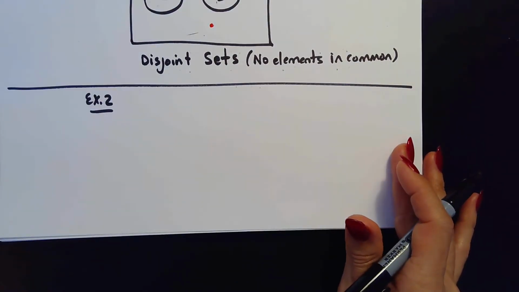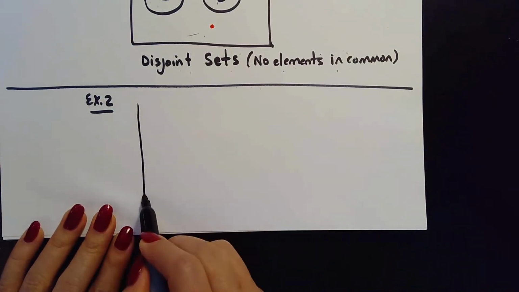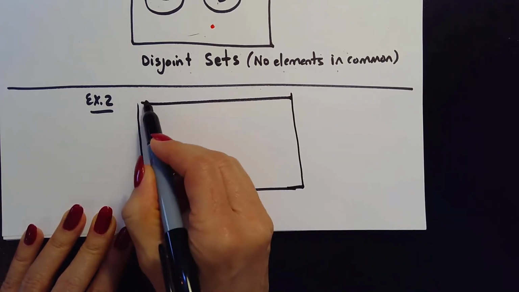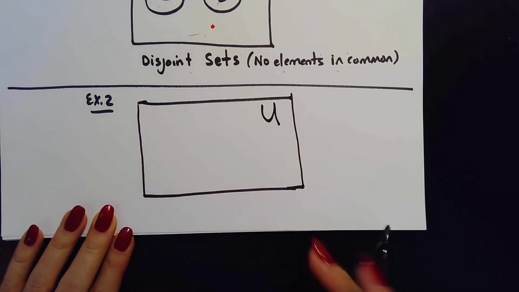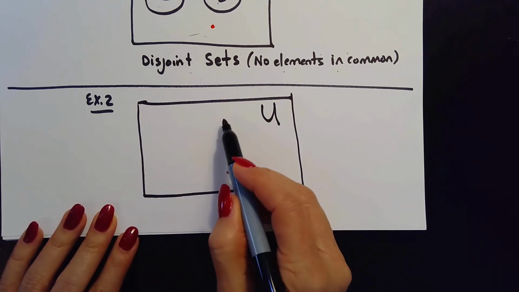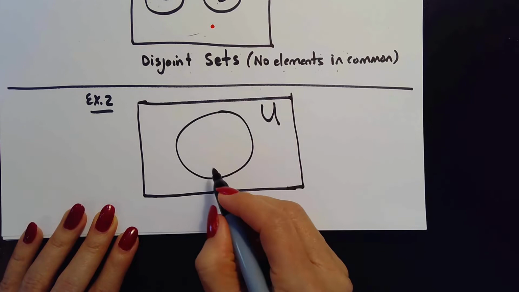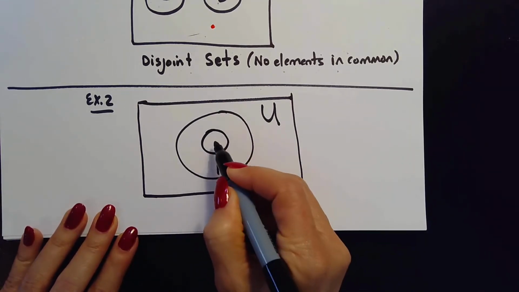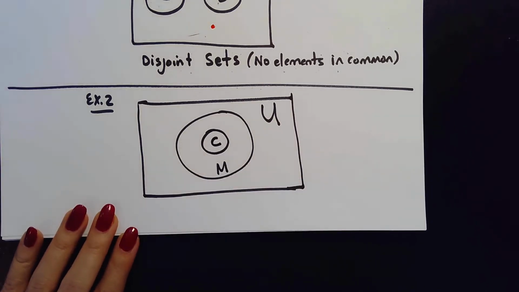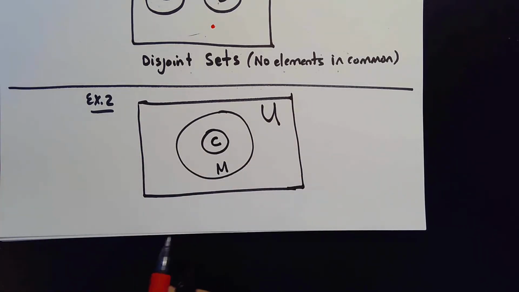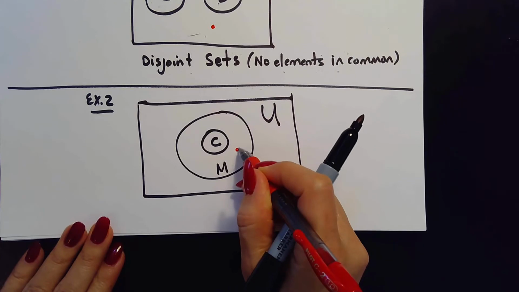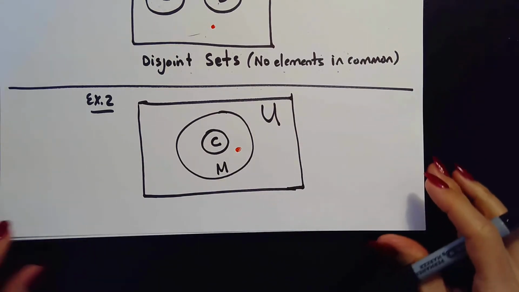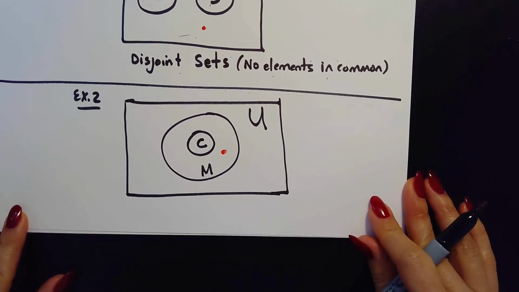Well, you're going to have the rectangle for the universal set, right? That's all SPC students. And then we're going to have those students taking math. That's a big set, so I'm going to put the M. And then inside that set, college algebra students, it's a smaller set, right? And you guys would be found outside of the C, but still in the M, because you're taking 1332, the liberal arts math.